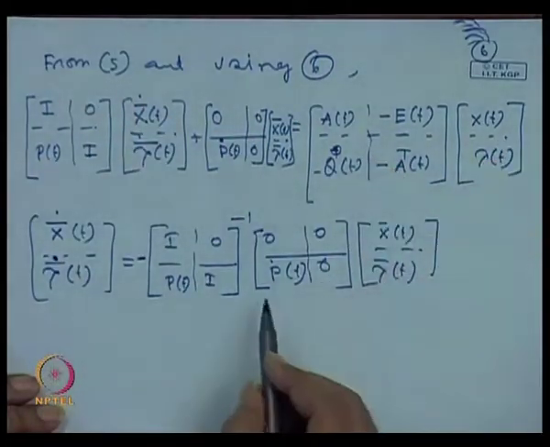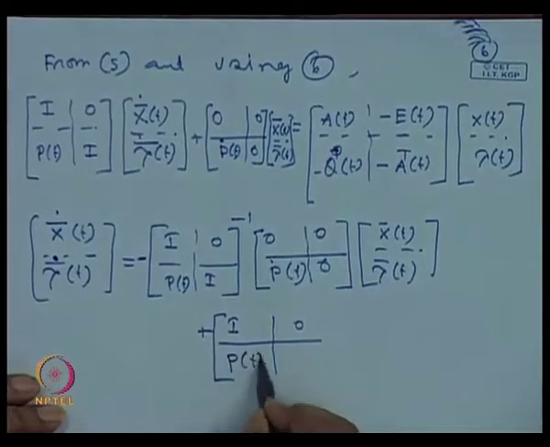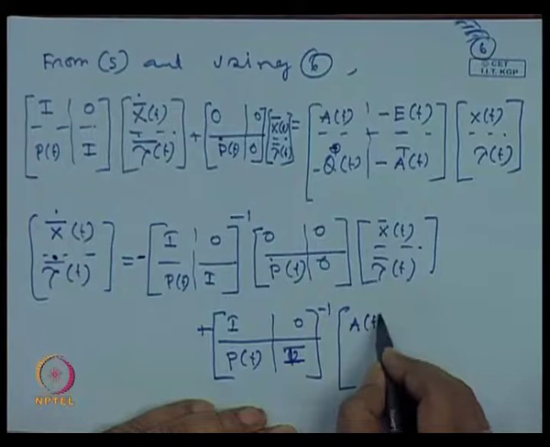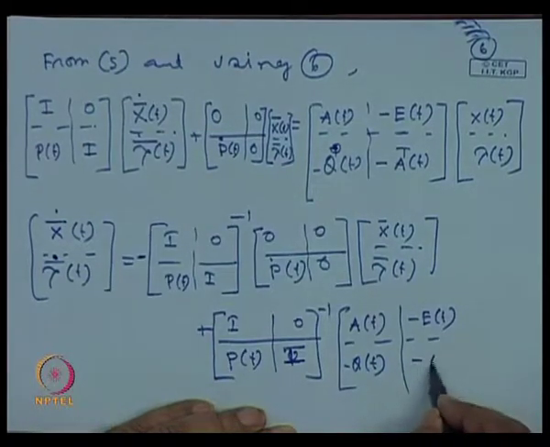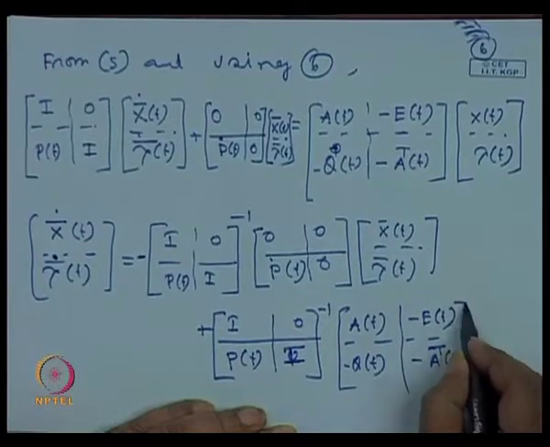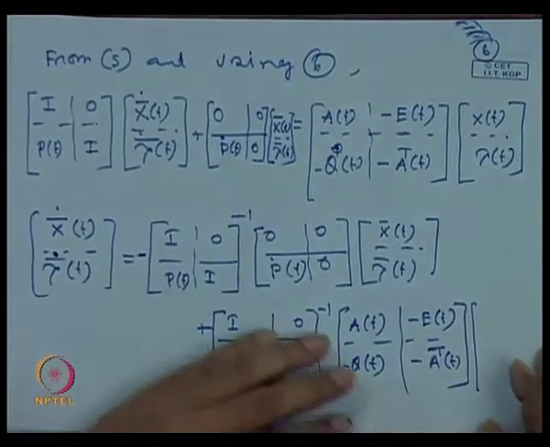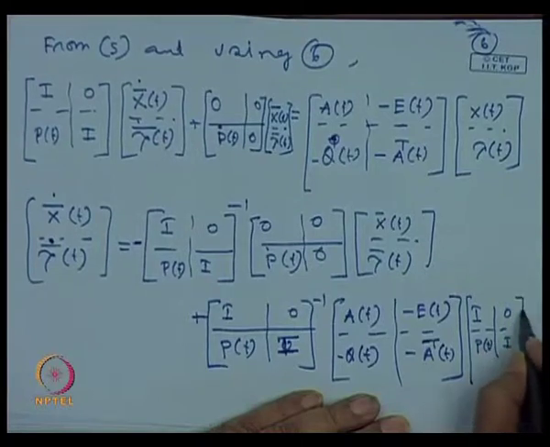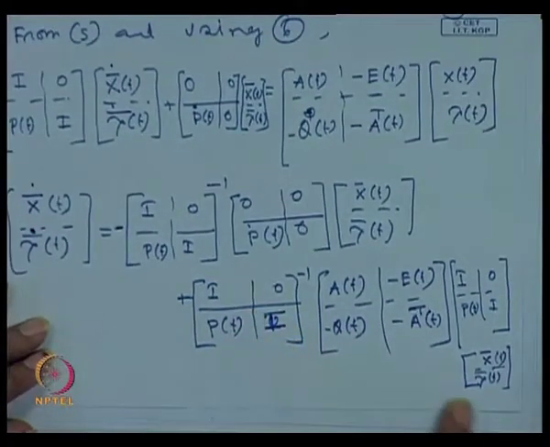So, this part will be the inverse of that I, 0, p of t, I, this whole inverse, then A of t, minus E of t, minus Q of t, minus A transpose of t, multiplied by this, where x and lambda of t are replaced by x bar and lambda bar through I, 0, p of t, I, multiplied by x bar of t and lambda bar of t. Agree? This is the expression we got.